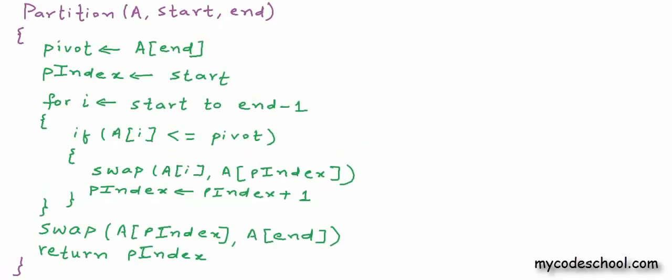This is the partition function that we had written in our previous lesson. If you can see, there are some simple statements here that will take constant time. These four statements are simple statements. Together they will take some constant time. Apart from these statements, we have one for loop. The statements inside the for loop once again are simple statements and will together take some constant time.